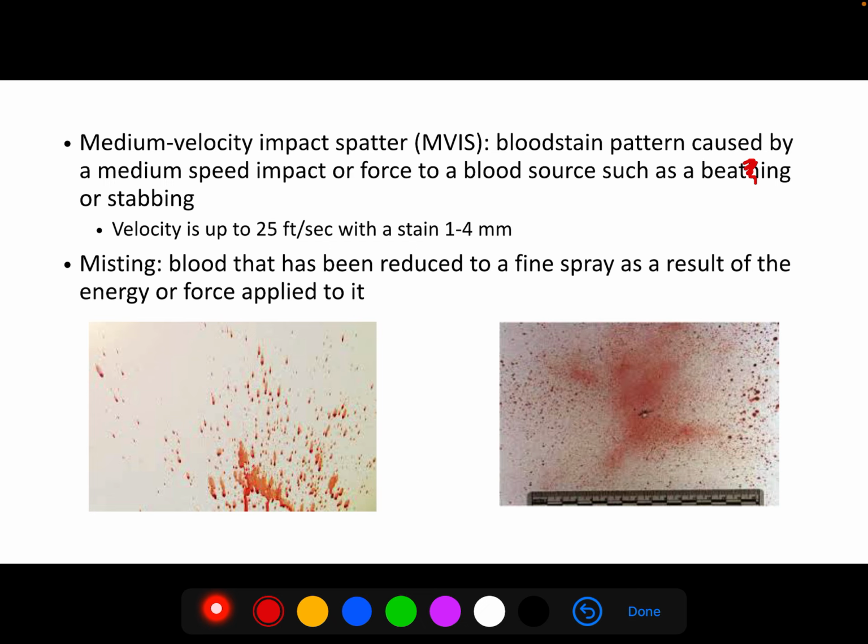With these speeds and forces, we can also encounter misting. This is blood that's been reduced to a fine spray as a result of the energy or force applied to it. Misting we tend to see with explosions and things like that, where it is such an extreme amount of force that it actually ruptures those blood vessels and the blood droplets.